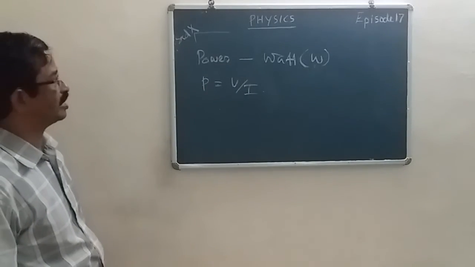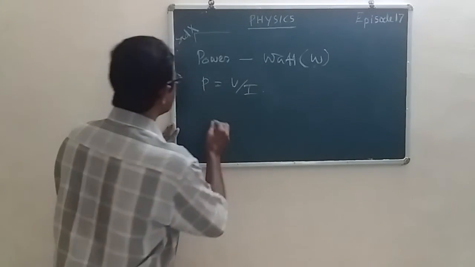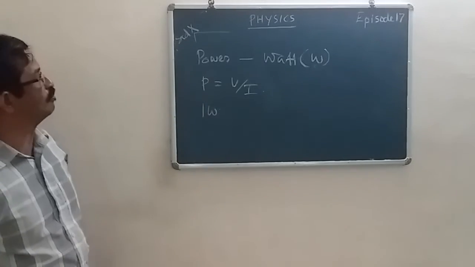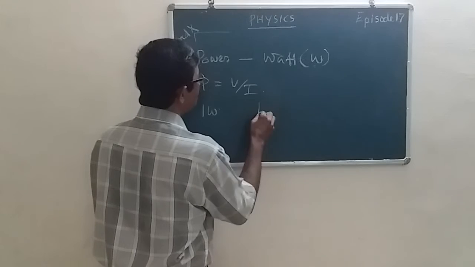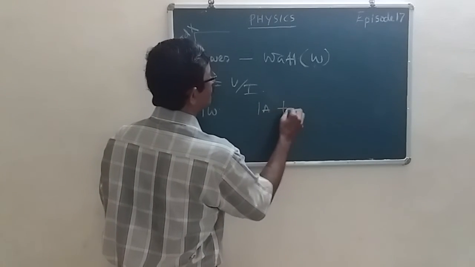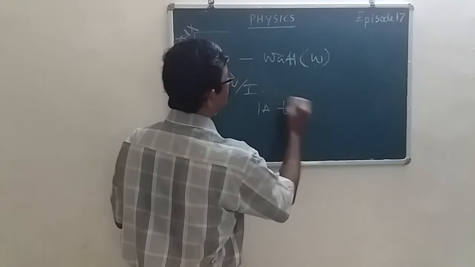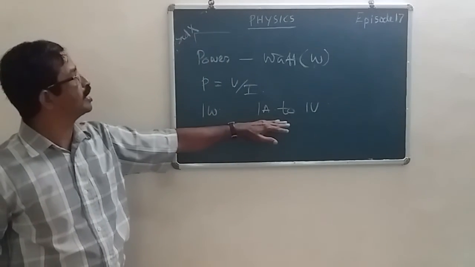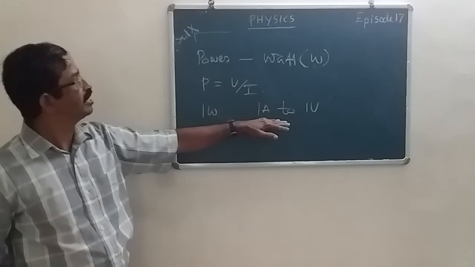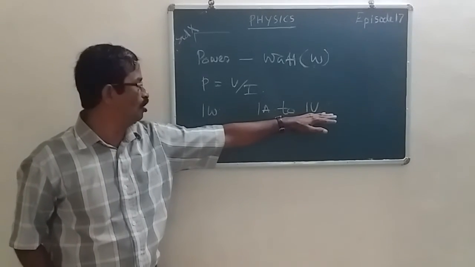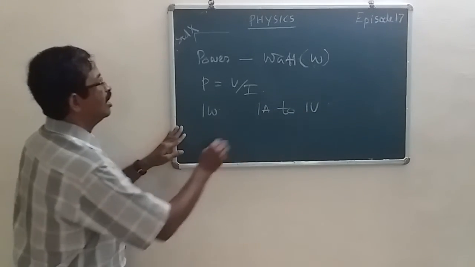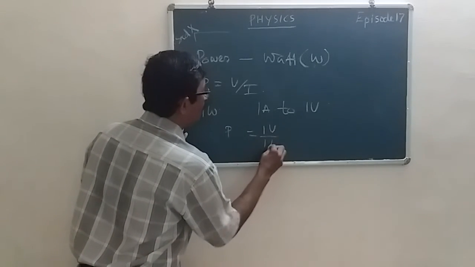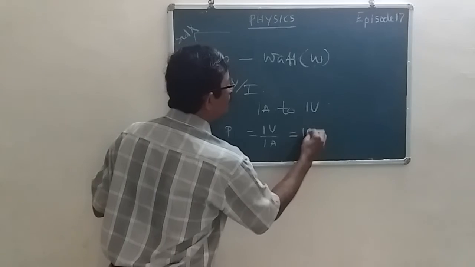Now power is 1 watt means, suppose power is 1 watt. If the current through a circuit is 1 ampere under a potential difference of 1 volt, then power P is equal to 1 volt times 1 ampere, that is equal to 1 watt.